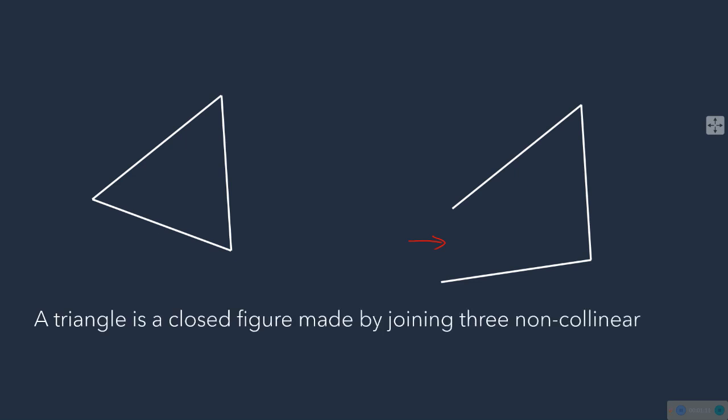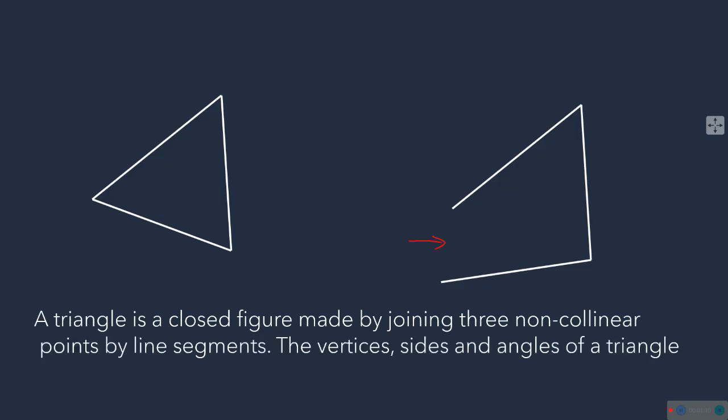In definition also, a triangle is a closed figure made by joining three non-collinear points by line segments. That means we should consider that there is a point here, there is a point here, there is a point here. All these points are not in a line, that is why non-collinear, and joined by the line segment.